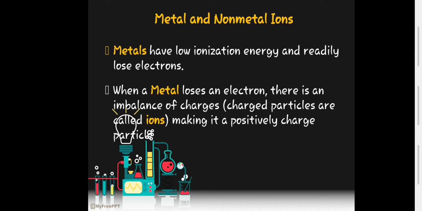When there is a charge on a certain element, it is called an ion, making it a positively charged particle. Always remember that when a metal loses an electron, there is an imbalance of charges, and that imbalance is called an ion.